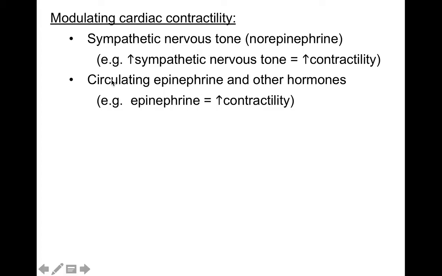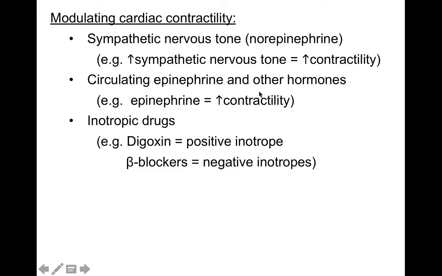Epinephrine, or adrenaline, if it's released and floating around in the blood, will make its way to the heart and also increase contractility. Inotropic drugs also exist, which have the same effect as epinephrine. Digoxin, for example, is a positive inotrope, whereas beta blockers are negative inotropes. They have a negative effect on inotropy, which will cause a decrease in stroke volume.